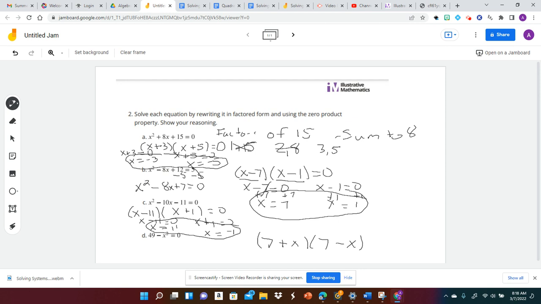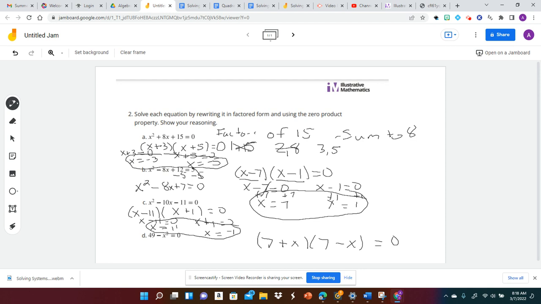The square root of 49 is 7, the square root of x squared is going to be x, and then we have a plus minus because we would have 7 times 7, 49. 7 times minus x would be minus 7x, and then plus 7x would make 0 on the x term, and then positive x times negative x would make negative x squared.